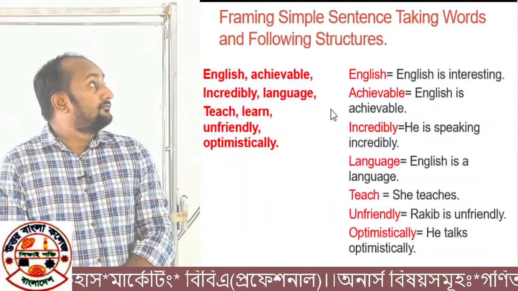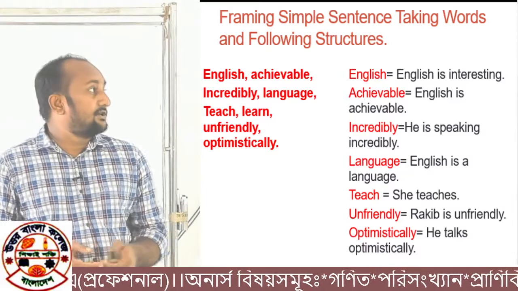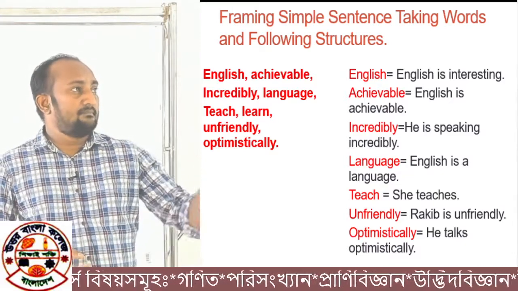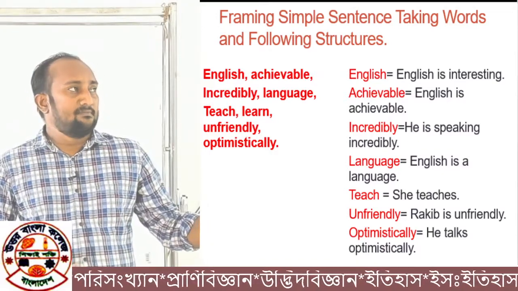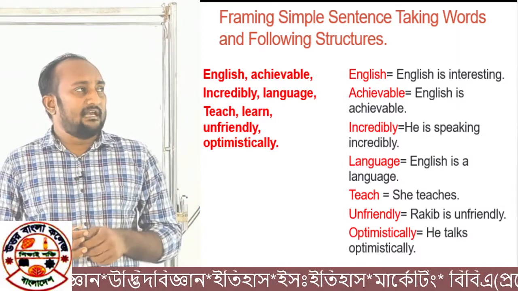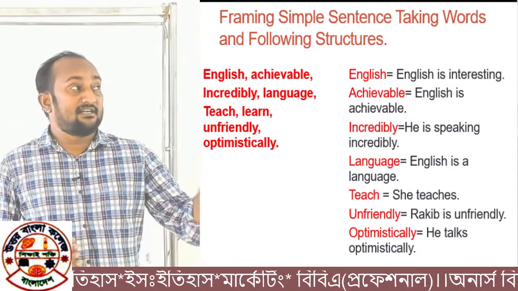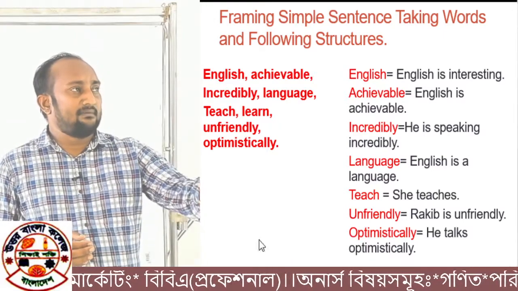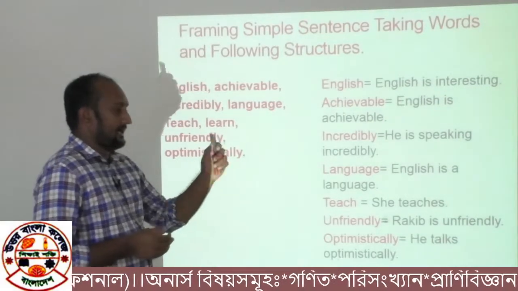So, framing simple sentences by taking words and following the structures. Here are some words, and I have used them to frame simple sentences following the previous 9 structures of the simple sentence. English is a word, and from the perspective of parts of speech it is a noun, and using the word English I have made a sentence: English is interesting, subject plus verb plus adjective.